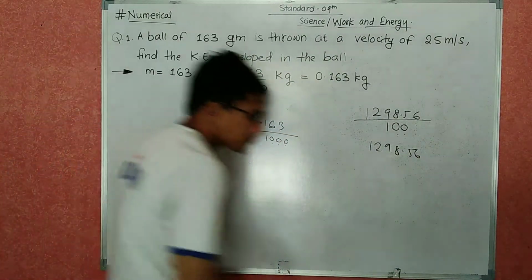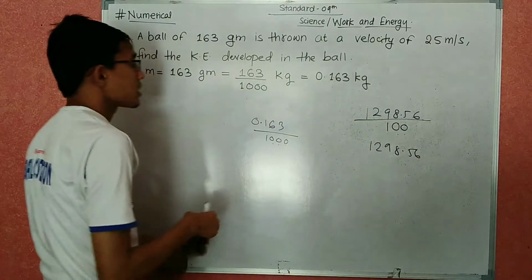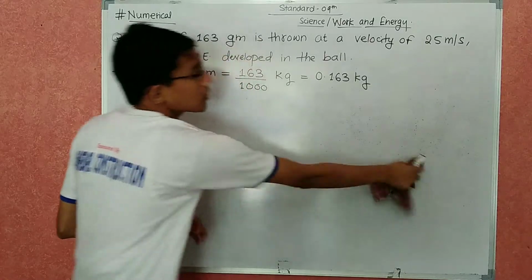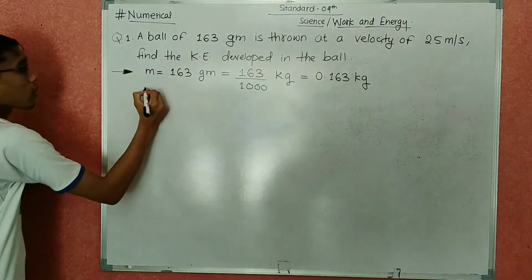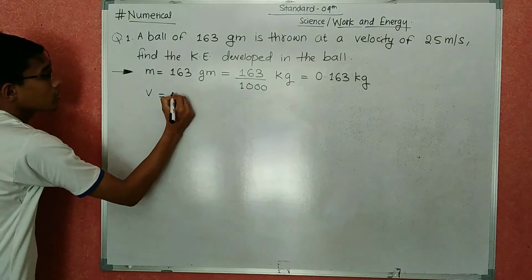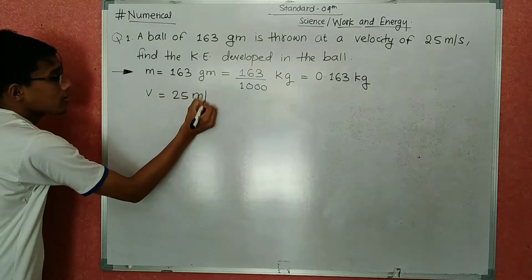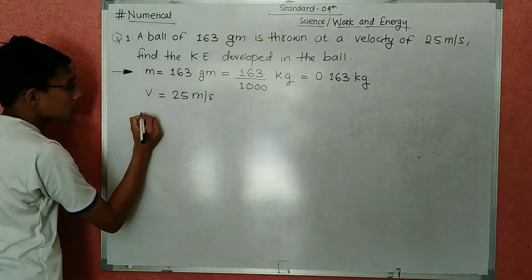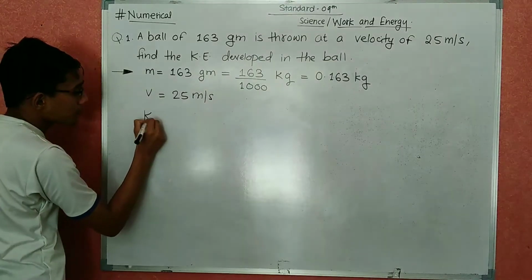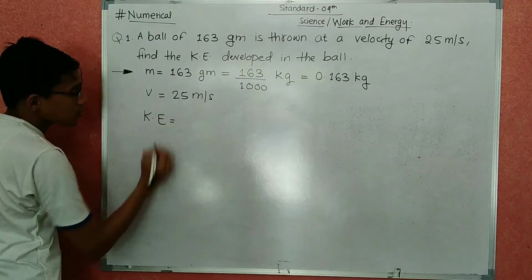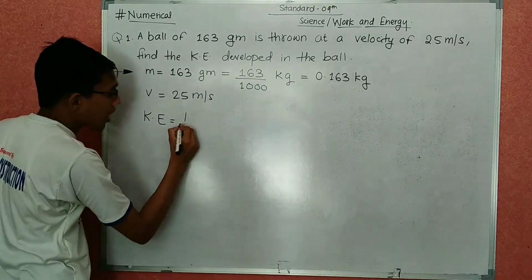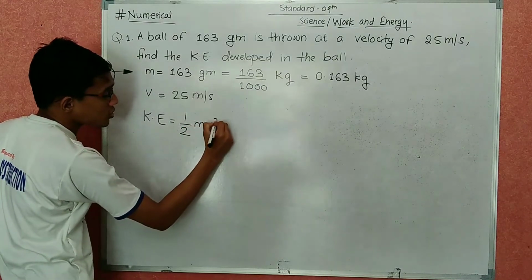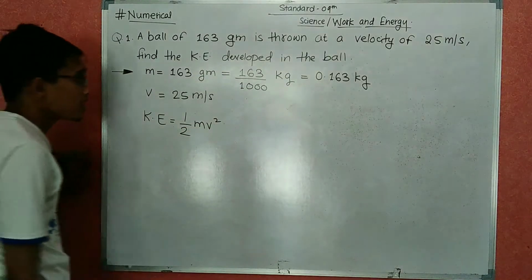Now we have got the mass in kilograms, so it is 0.163 kilogram. Then the velocity is given, it is 25 meter per second. What we have to find, we have to find the kinetic energy. So we know the formula, kinetic energy is equal to half mv square.